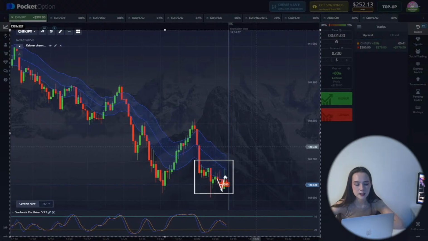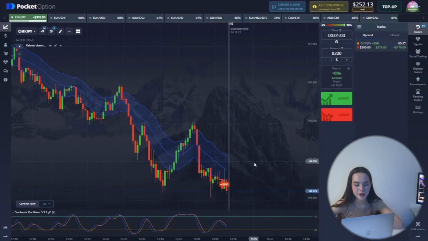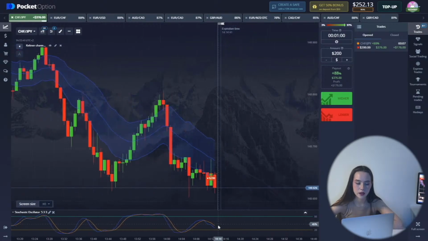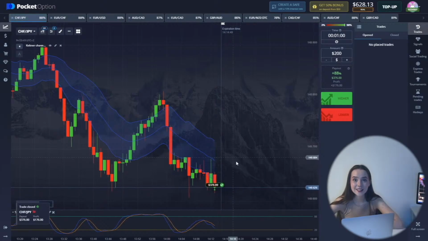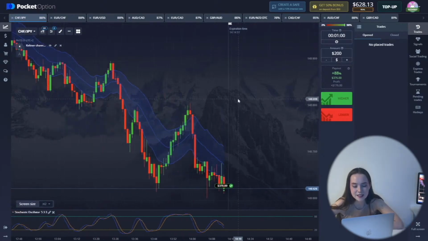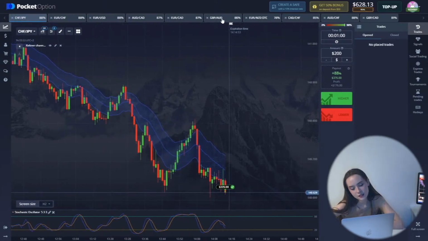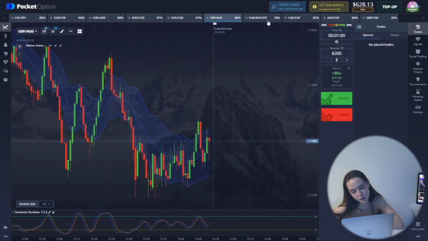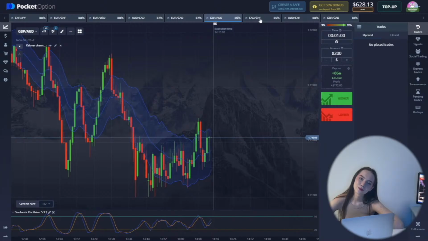There are 50 seconds left until the end of the transaction, and the movement is excellent. We played again on the standard situation. Stochastic hasn't crossed the line with a mark of 20, and the deal has gone again, and the balance is $628.